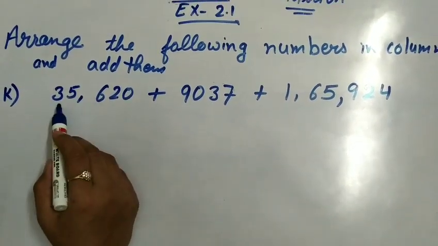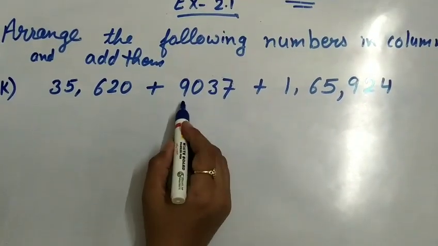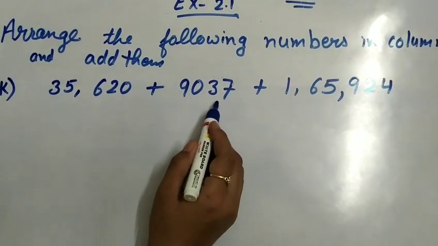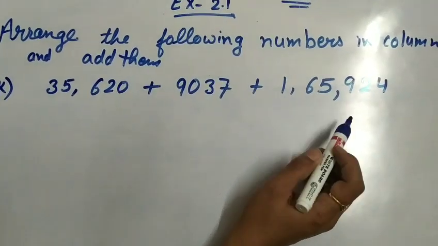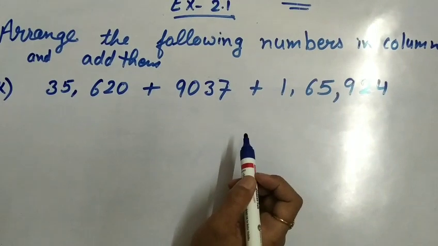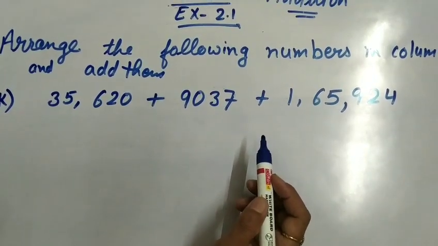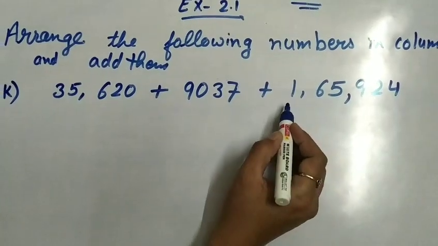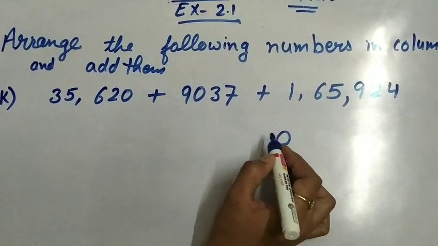Now let us discuss the C part. The numbers are 35,620, then 9,037, next 1,65,924. And tell me, which is the highest place? Yes, lakh. It means we have to write the places till lakh.